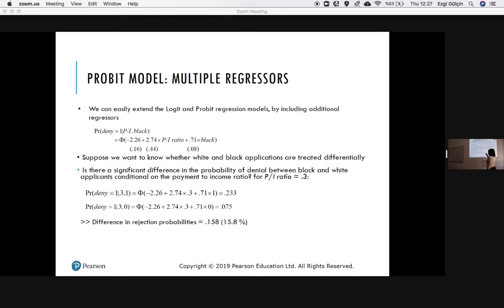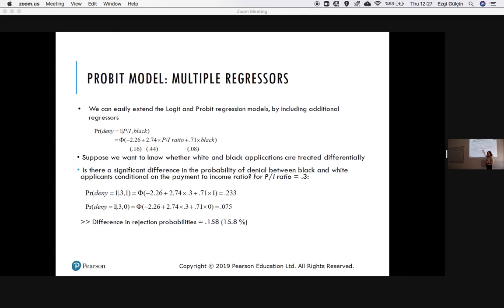No. So here we say that a black person with a payment to income ratio equal to 0.3 will be denied with a probability equal to 23%. A white person with a payment to income ratio equal to 0.3 will be denied with a probability of 7.5%. Then what is the difference?